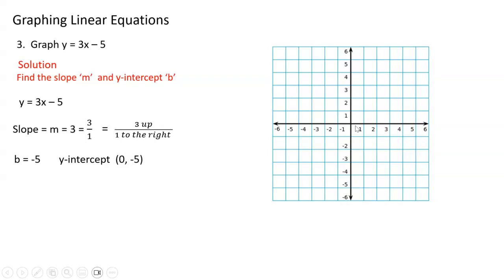So I'm going to go to 0, -5, which means the x is 0 and the y is -5, so I'm going to go down. There's my point. Then I'm going to go up 3, 1, 2, 3, and 1 to the right. There's the other point, and we connect the points. That's my line.